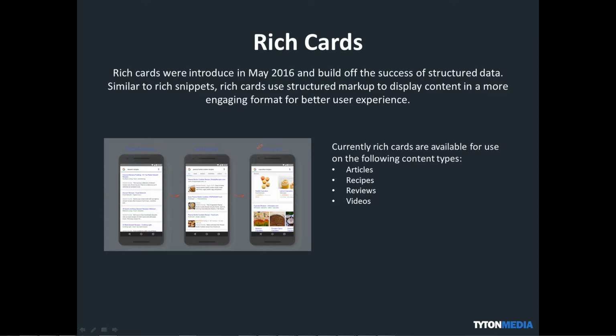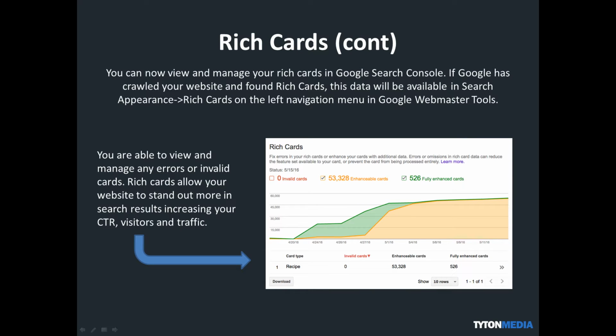And you can now view and manage your rich cards in the Google Search Console. If Google has crawled your website and found rich cards, then you'll see this data in Google Webmaster Tools. Just click on Search Appearance in the left menu, and then the submenu is Rich Cards. And just click on that, and you will see any of the errors or invalid cards that you have on your website.